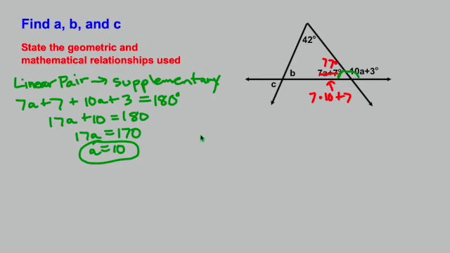So if I want to figure out my third angle, which in this case is B, I'm going to use the Triangle Angle Sum Theorem. I'm going to write out TAST as an abbreviation for Triangle Angle Sum Theorem. And I know their mathematical relationship is that those three angles add up to 180 degrees.